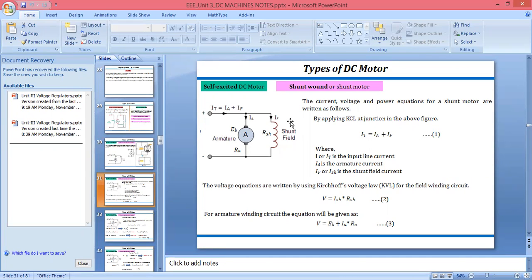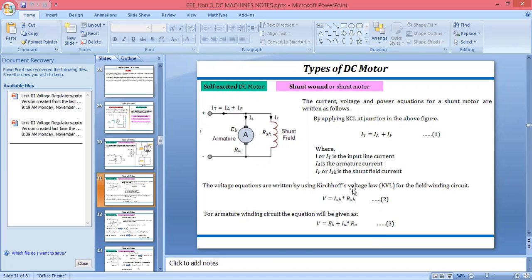So I is nothing but current, we call it IF, or we can say ISH. Both IF and ISH have the same meaning. ISH means shunt current and IF means current flowing through the field winding. So I can take IF or ISH into the value of that impedance.